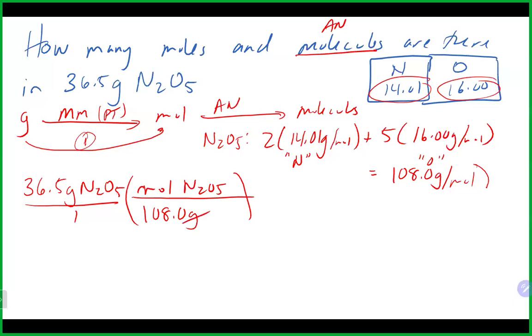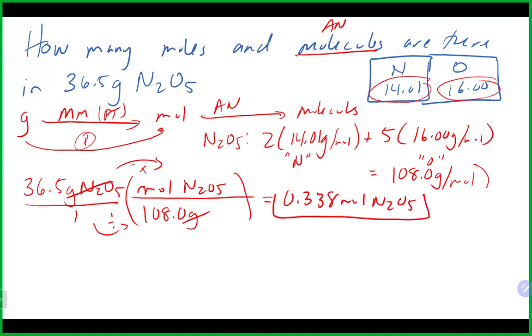And we're actually going to get an answer in this case, since that was one part of the question. So we do want the answer. So we're going to go 36.5 divided by 108. And again, we are multiplying the top and obviously still dividing the bottom. That's going to give us 0.338 moles of N2O5 in this case. And that would be our moles, right?